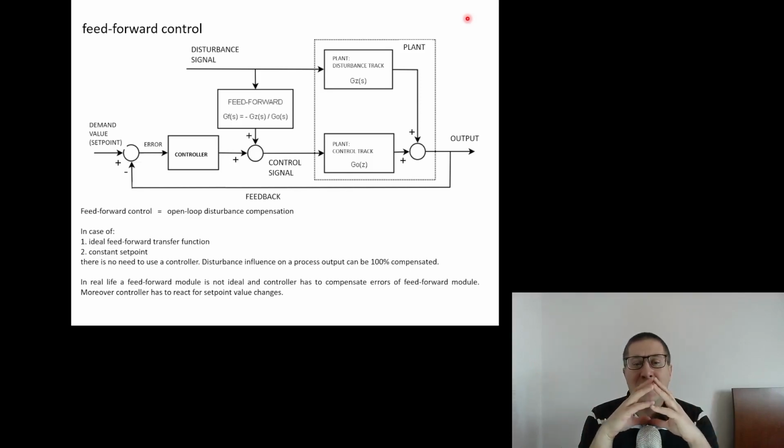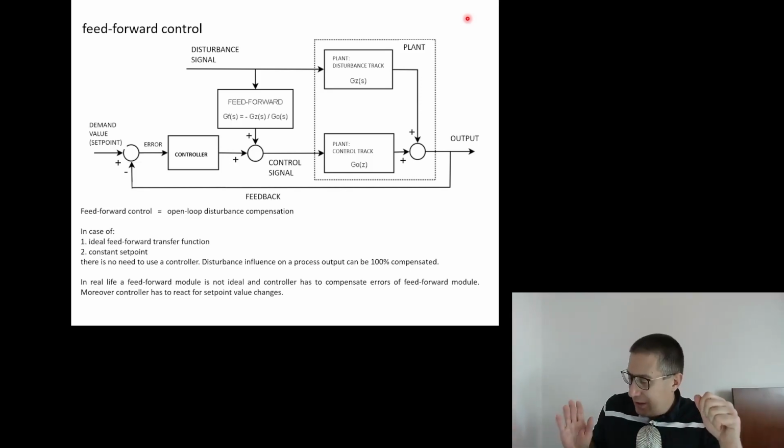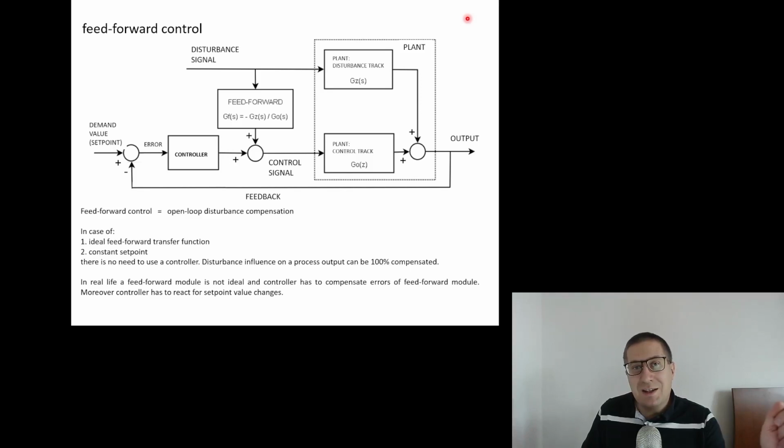So I need to model the disturbance track, not only dynamics, but of course mainly the gain, so static relations, and I also have to have a model, a transfer function, if you like to refer to things that we are using in the control theory, or the differential equation, because this transfer function is another representation of a differential equation that represents the impact of changing the settings in this radiator on the temperature.